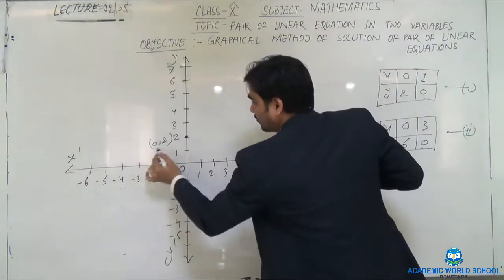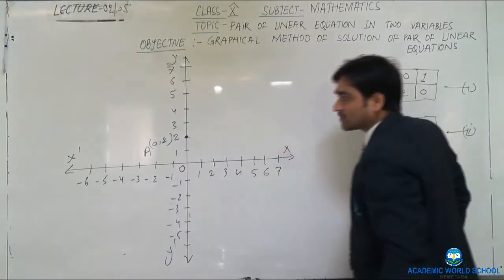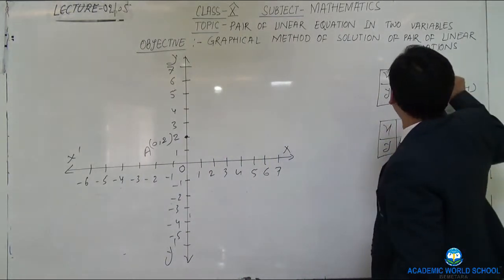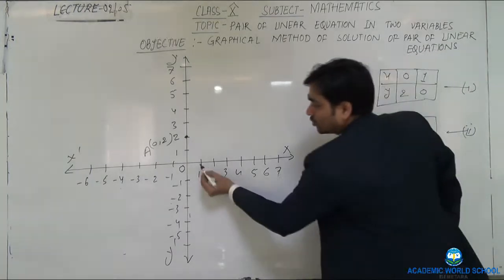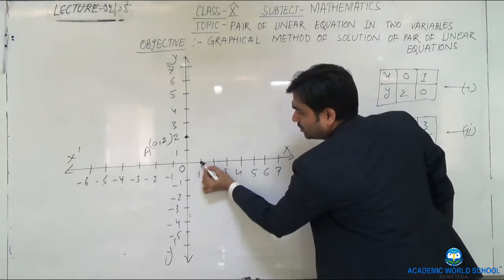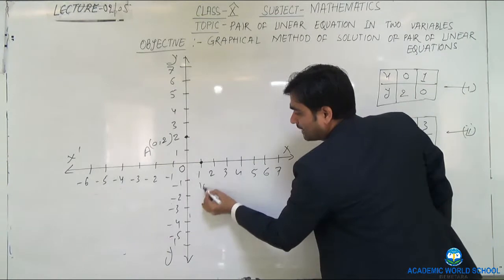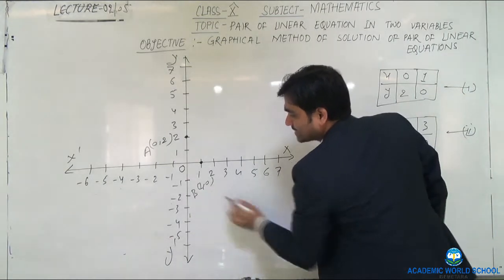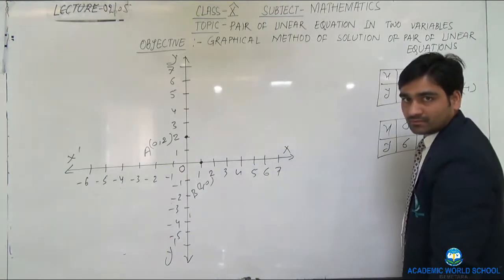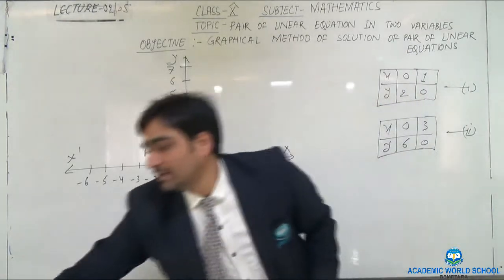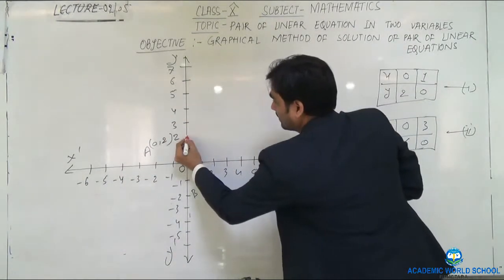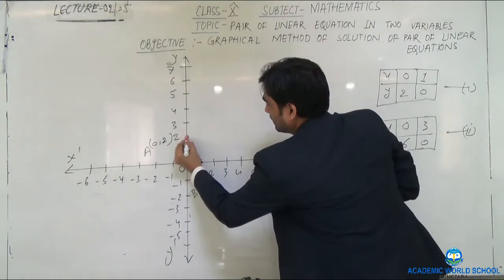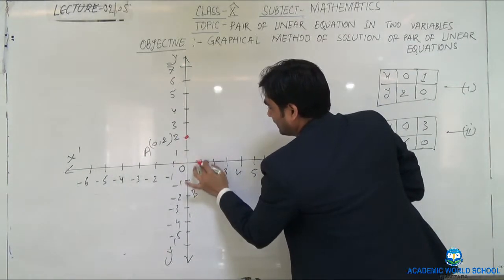Let this point be A. Now second, x equals to 1 and y is equal to 0. This is the point 1 and 0, and take this point as B. Correct? Then what will you do now? See, this point and this point.